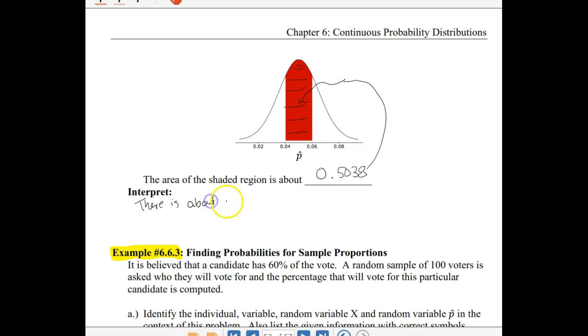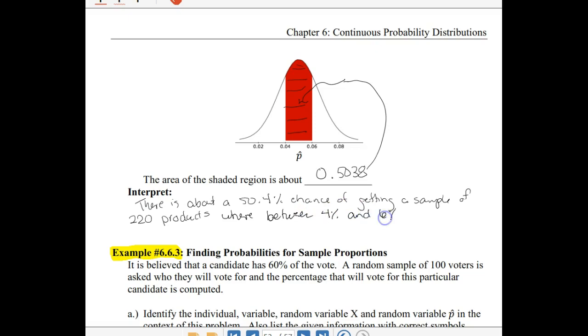If we interpret this in the context of the problem, there is about a 50.4% chance of getting a sample of 220 products where between 4% and 6% are defective.